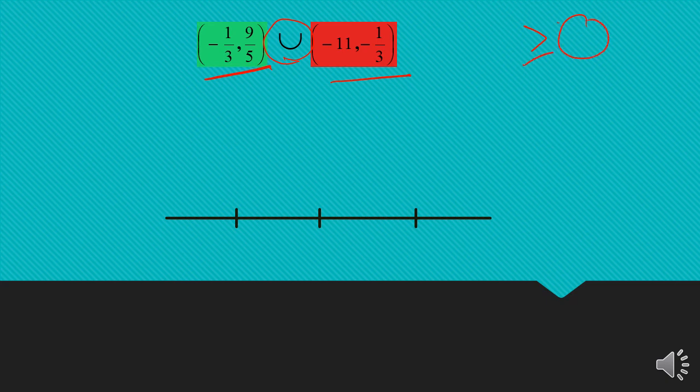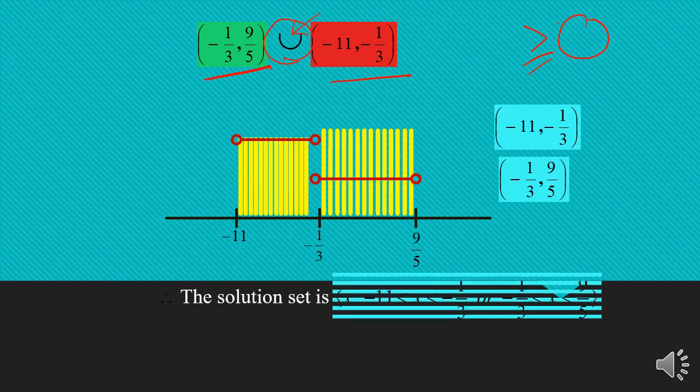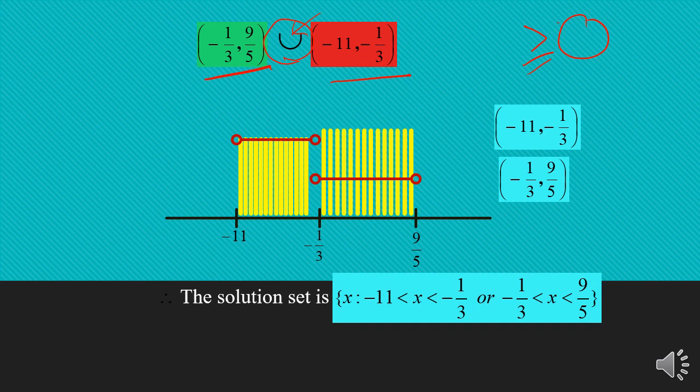So for more than, the definition should be union. So the final answer should be the union between these two sets, from negative 11 to negative 1 over 3 or from negative 1 over 3 to 9 over 5.